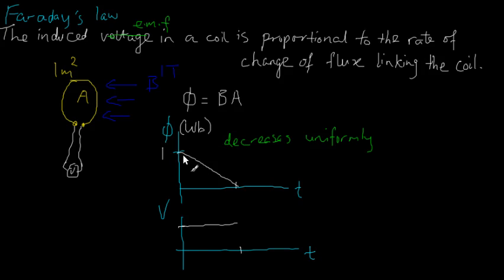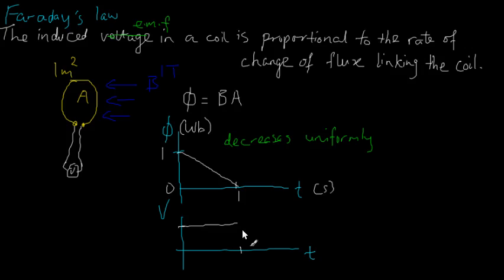Now suppose that I allow the flux to decrease to 0 in exactly 1 second. So I've set this up and I start turning down the magnetic flux density either by pulling a magnet away, or if I'm using an electromagnet, I would just turn down the current of the electromagnet. And I would adjust things in such a way that the flux falls right down to 0 after exactly 1 second.